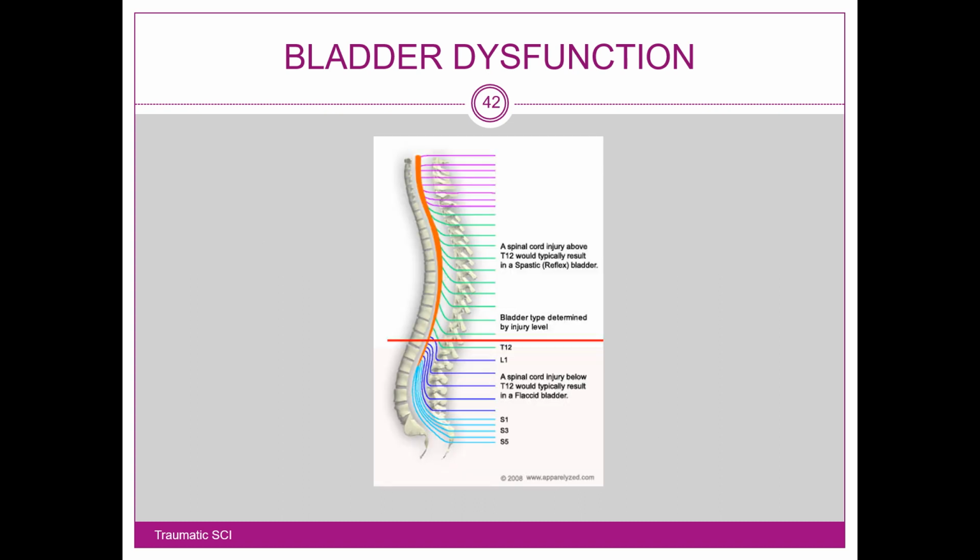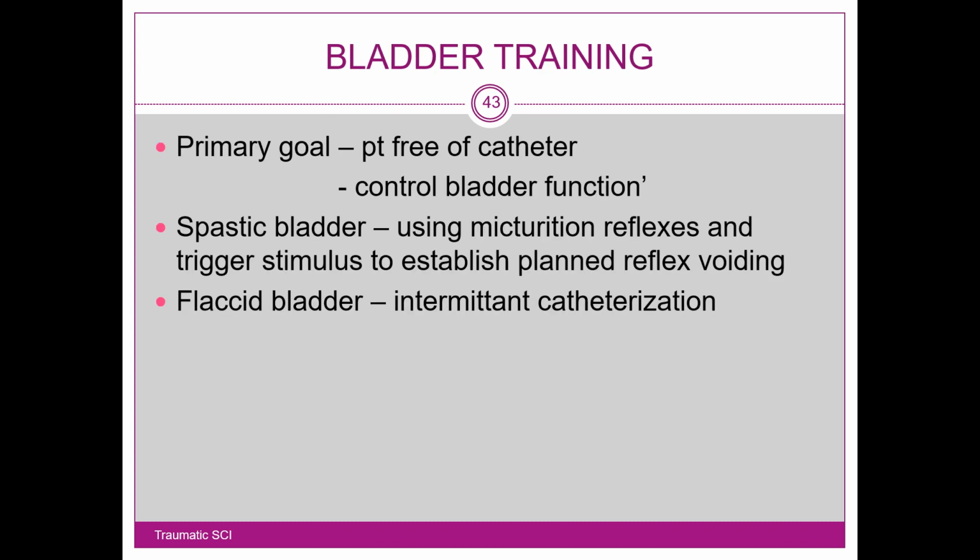T11 and T12 are the bowel and bladder centers, so any injury at that level will lead to a spastic or flaccid bladder. The primary goal for bladder training is a patient free of catheter, and to control bladder functions as much as possible. There are two types of bladder we talked about, spastic and flaccid. For spastic bladder, micturition reflexes and trigger stimulus are used to establish planned reflex voiding.